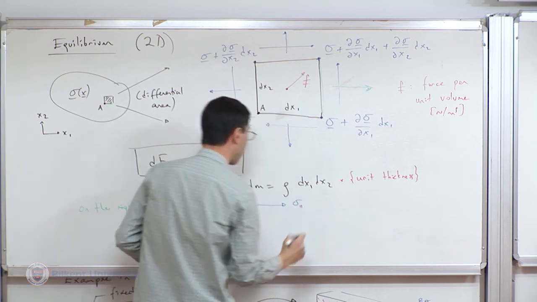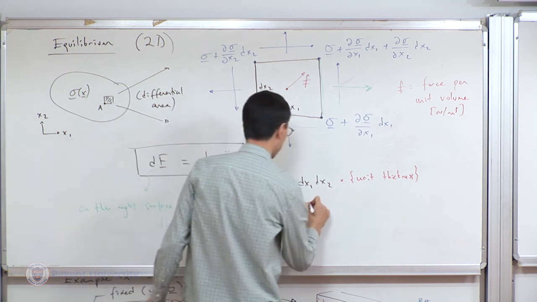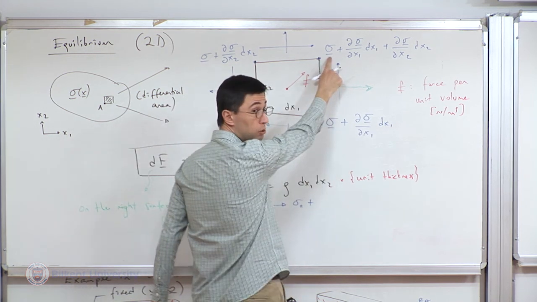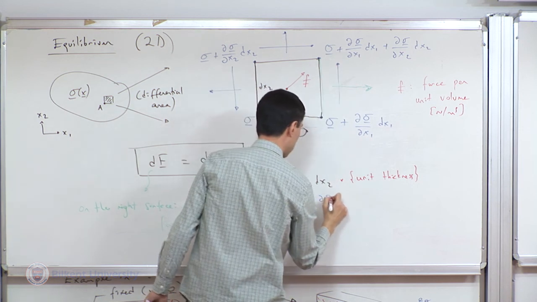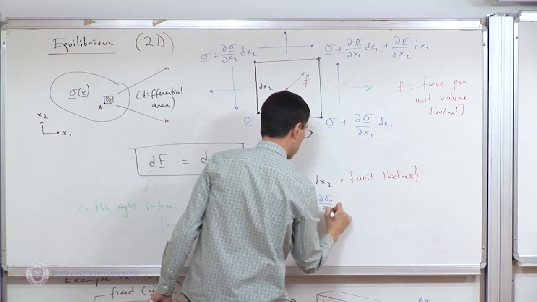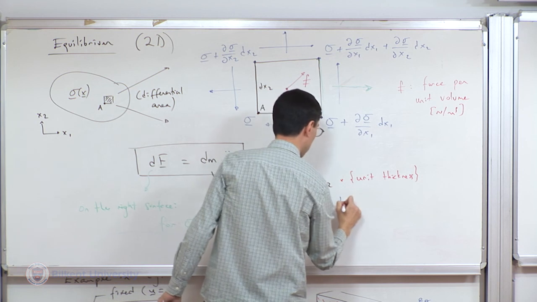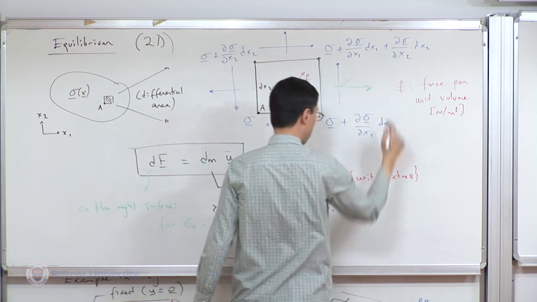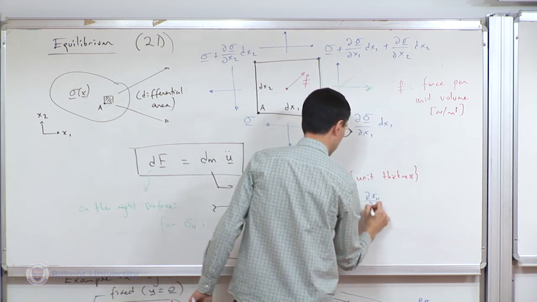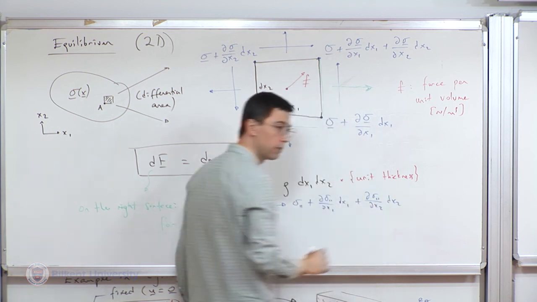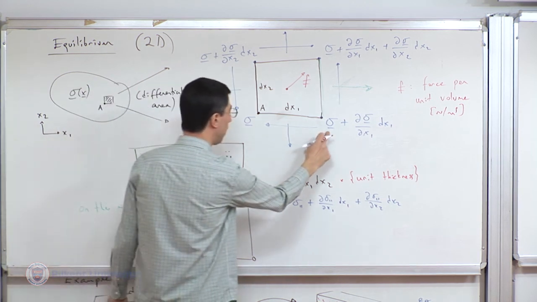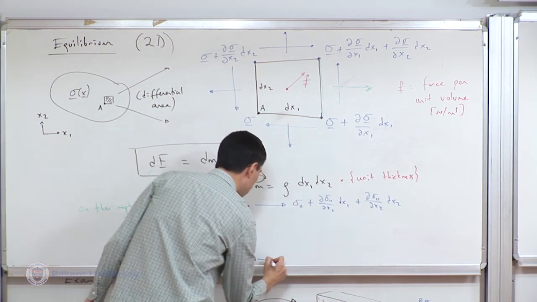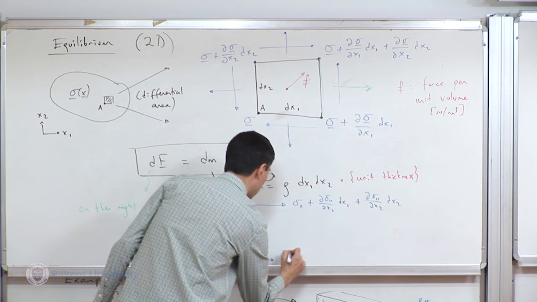Let me exaggerate: sigma 1, 1 plus del sigma 1, 1 over del x1 dx1 plus del sigma 1, 1 over del x2 dx2. I'm looking at only the 1, 1 component. And at the bottom I have the value at the other corner.